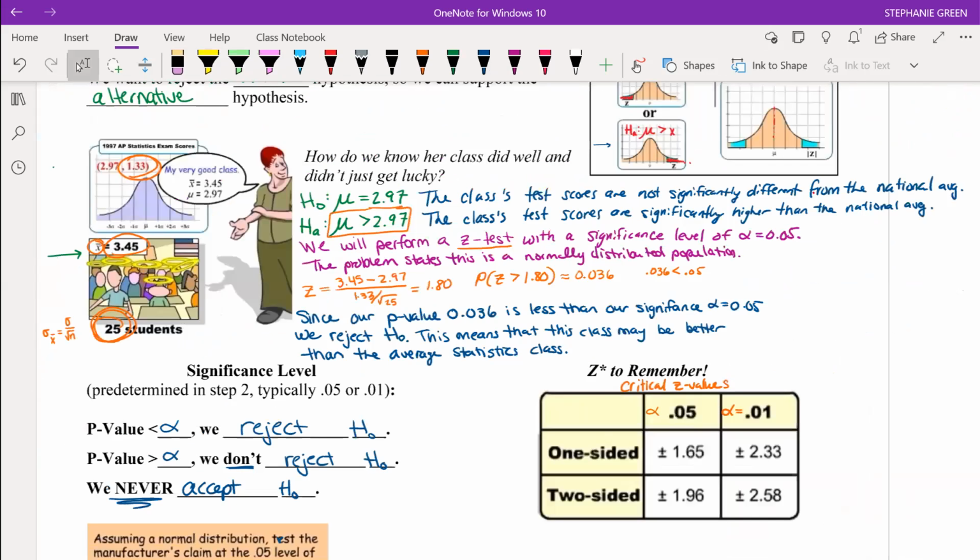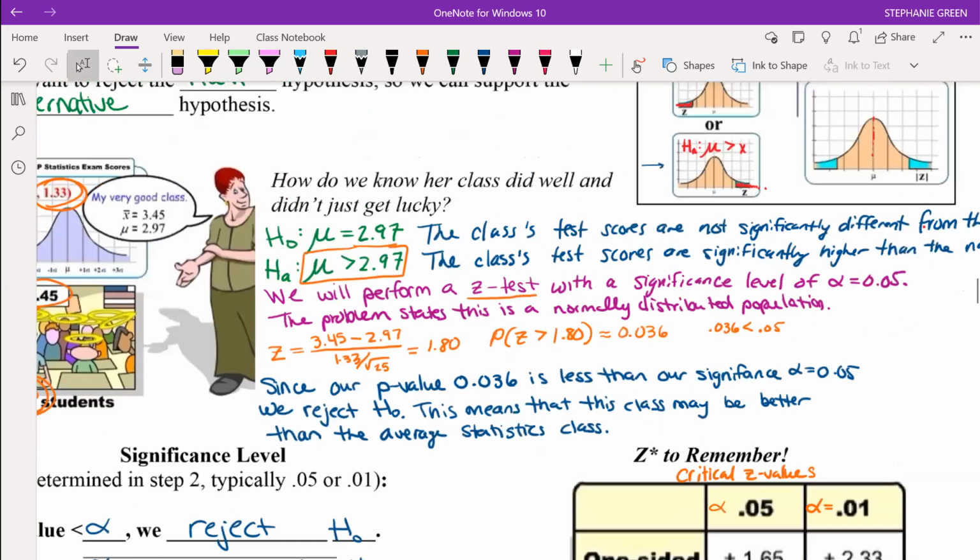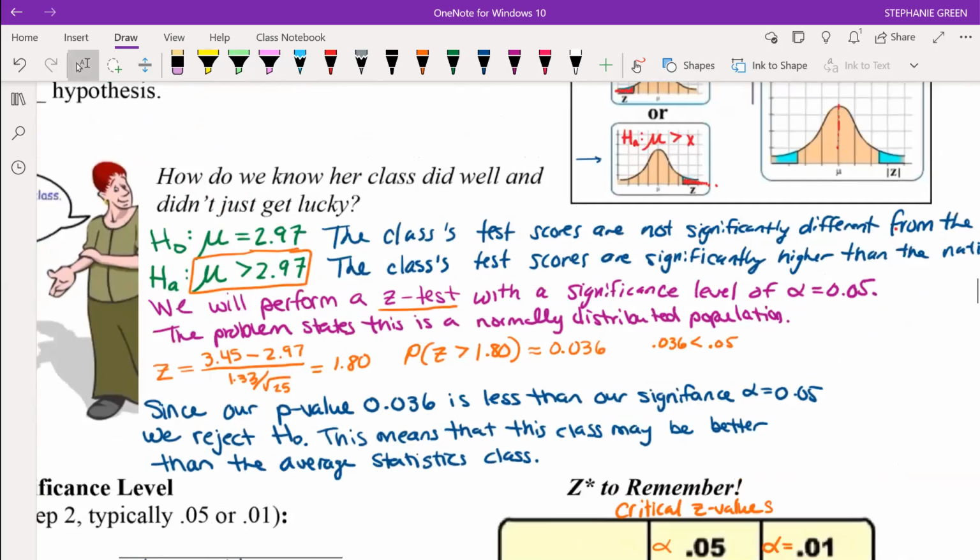Yeah, there's a lot to write in here. You will definitely see a question asking you to do a hypothesis test like this on your AP exam in the free response though. We will do a lot more of these in the future also, so you will definitely get a hang of it. Okay, one more thing I want to show you about this problem, and I know I spent a lot of time on this problem, is this orange part here, the actual calculating our test statistic and p-value, performing the z-test.